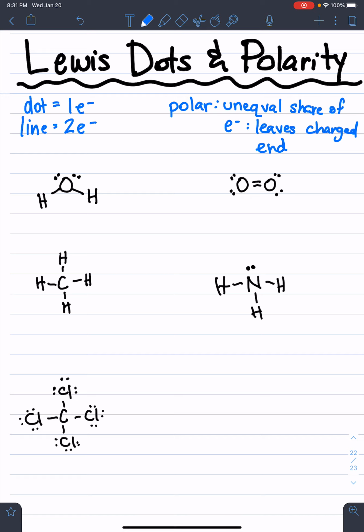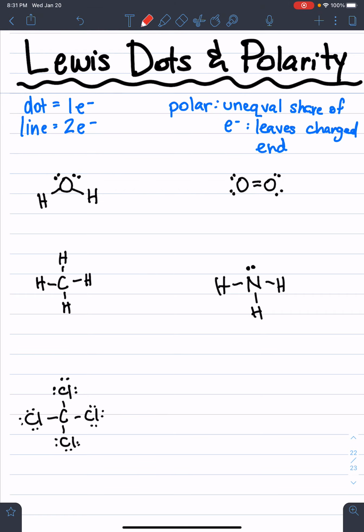We're going to have our molecule have a charged end that's negative and a charged end that's positive. If we don't have that, then it's not going to be polar. So that's kind of important to know about. So for each of these elements, we're going to go through. We're going to decide if they're sharing the electrons in the bond equally. And then we're going to decide if it's going to be partial negative, partial positive, and if it's going to be polar or non-polar, okay?